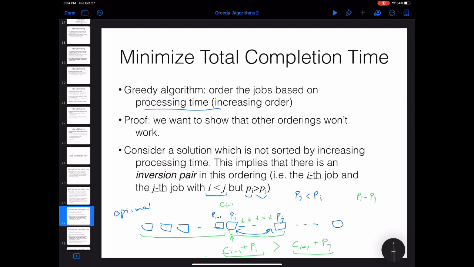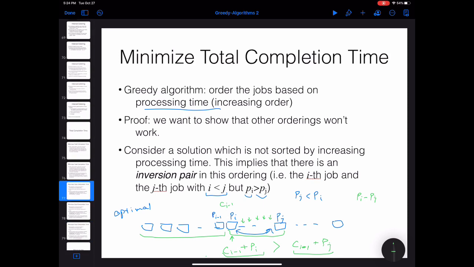This is a contradiction with the optimal answer. This template for proving that your greedy answer is optimal is called the exchange argument.